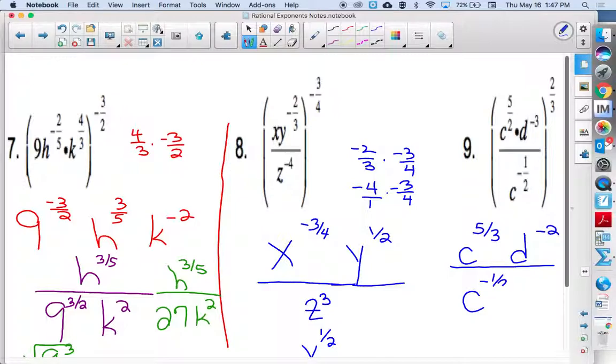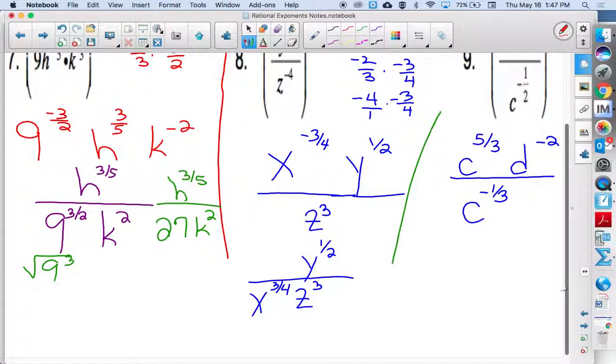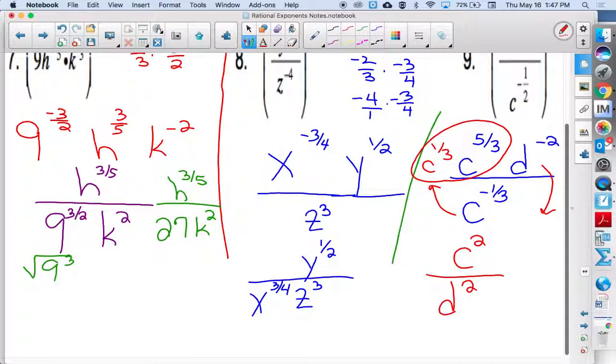Negative 1/3. So if we move this c to the negative 1/3 to the top, Chelsea, what happens with the c's? It's a 2. So the negative exponent moves to the top, and right there we have c to the 1/3, c to the 5/3. So that's just 2. That's 6/3 or 2. The d to the negative 2 has to move to the bottom and become d squared.